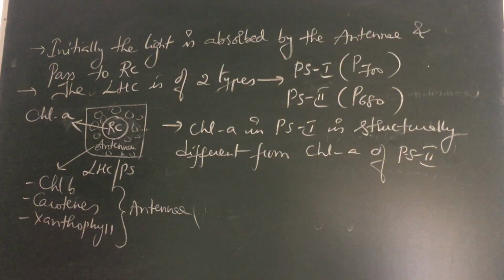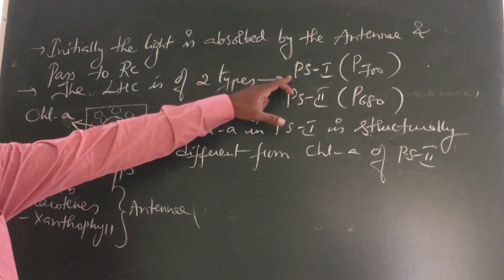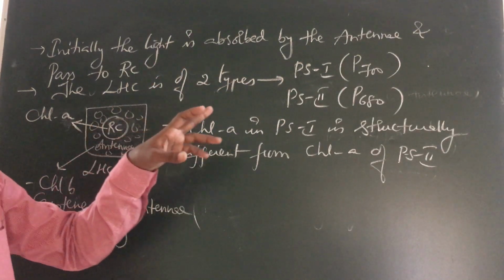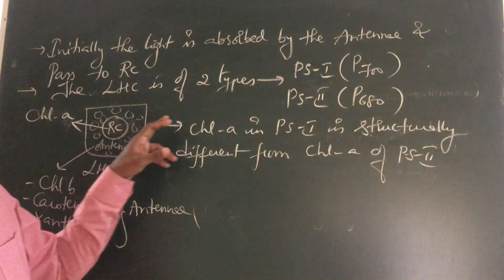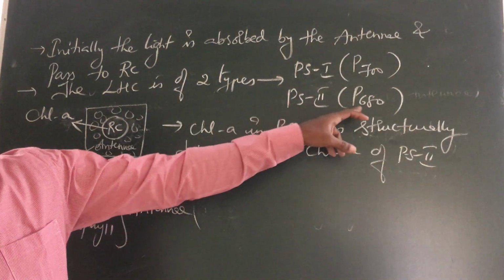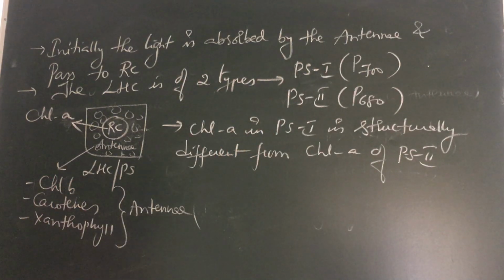The chlorophyll A of photosystem 1 can absorb light of 700 wavelength, whereas the chlorophyll A of photosystem 2 can absorb 680. That is why there are two types, photosystem 1 and photosystem 2.